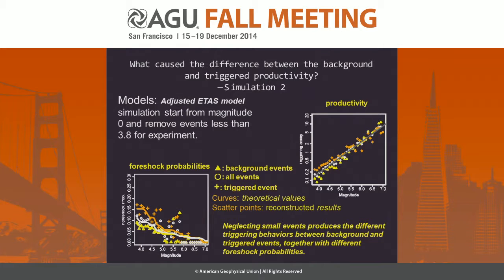No, it may not. In a new simulation, I simulate a huge ETAS catalog starting from magnitude 0, and then I remove all the events smaller than 3.8. I do the same reconstruction procedure on the catalog of the remaining events. Now we can see the results show exactly what happened in the real catalog.